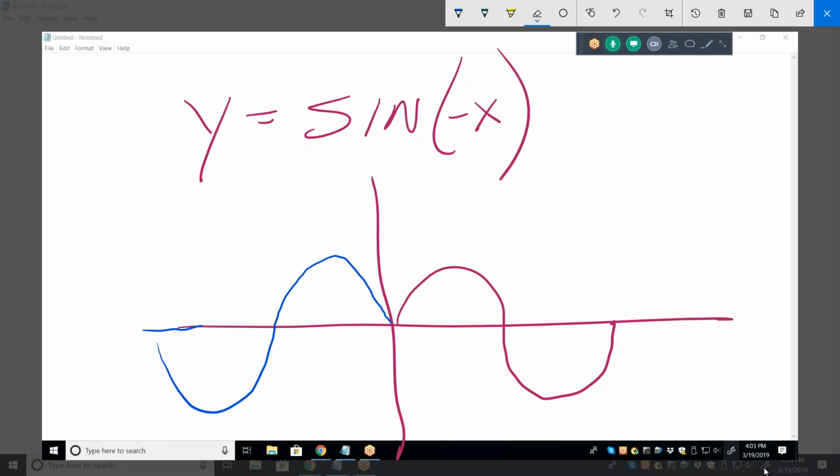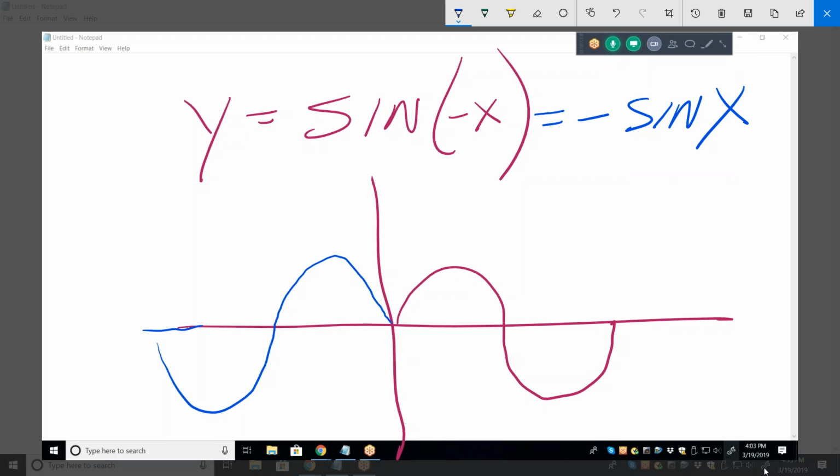The one thing I know is that the sine of minus x is equal to minus sine of x. So this blue curve can't be right. Or can it? All of a sudden I'm confused about this.